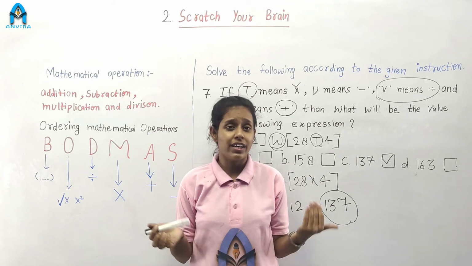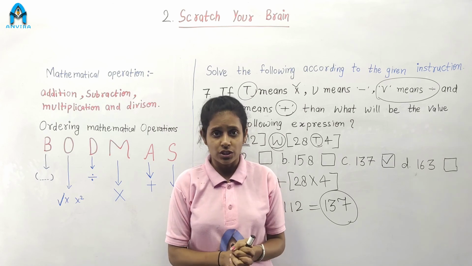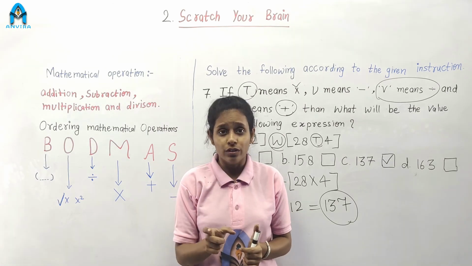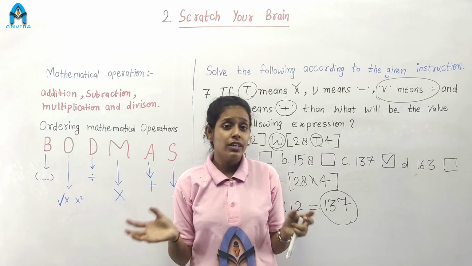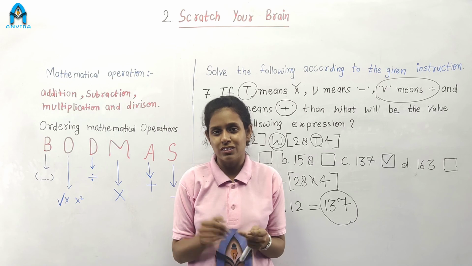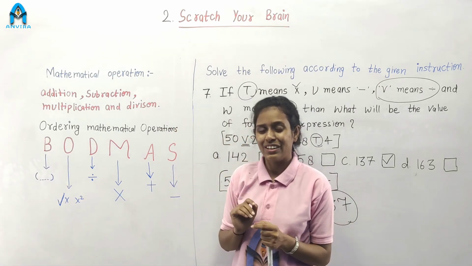Now, what did we find in this chapter? We found many mathematical operations and the correct order of mathematical operations. How do we solve mathematical operations together? We follow the rule of BODMAS, right?